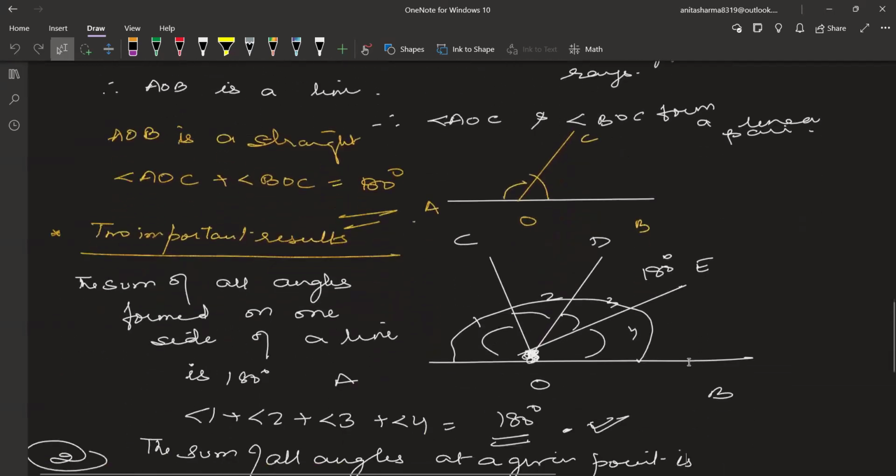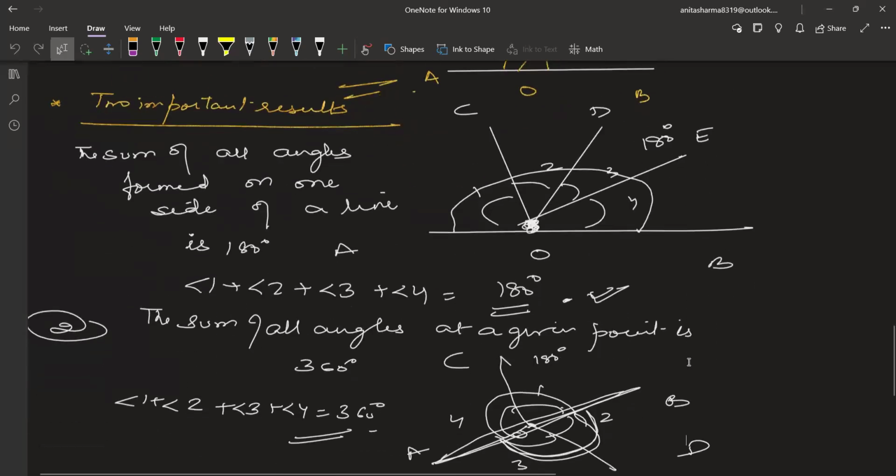Okay. So, children, there are two important results. When the sum of angles is formed on one side of a straight line, see, there is a straight line AOB. The sum of all the angles formed on this side will be 180 degrees. So angle 1, angle 2, angle 3 and angle 4, their sum should be equal to 180. Clear, beta?